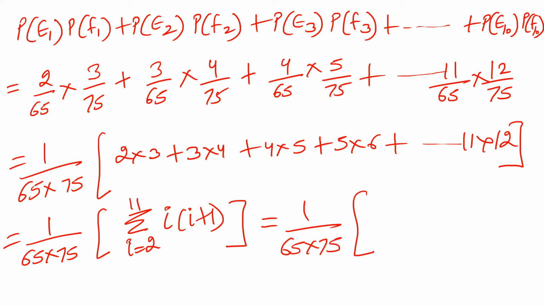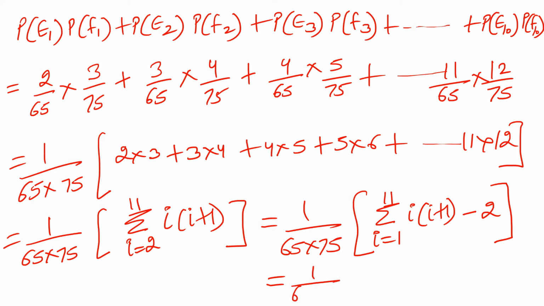Now to give it a proper shape, what I am doing, I am writing it summation I into I plus 1, where I varies from 1 till 11, and subtracting the value of this expression if the value of I is 1. That means the value of this expression I into I plus 1 will be 2 if I put I as 1. So I'm just subtracting it because it was not present in the expression.